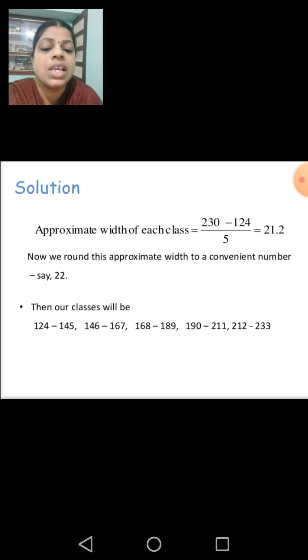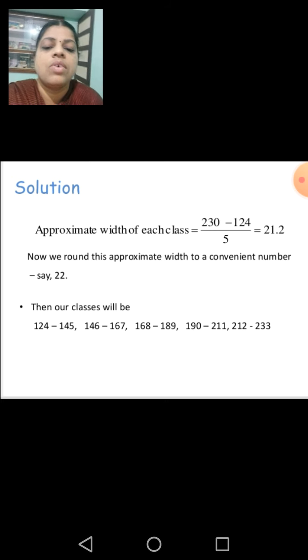Here we can see in all the classes the intervals are only 22 numbers. The 5 classes are here and the differences are the same for all the classes. So here the class interval is what? 22.